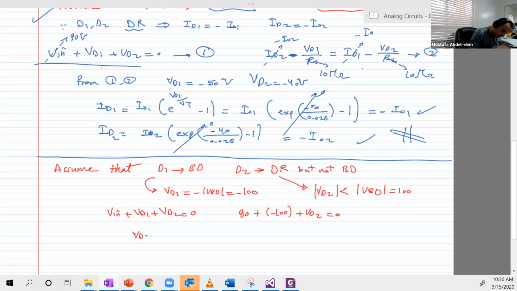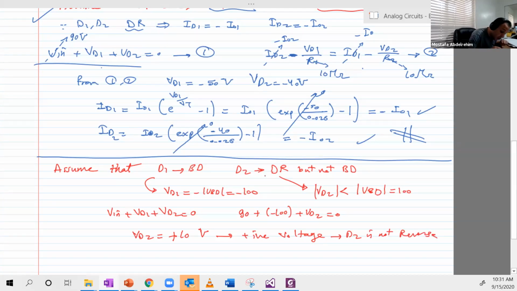So VD2 is equal to plus 10 volts. That's a positive voltage. That means D2 is not reverse, basically.